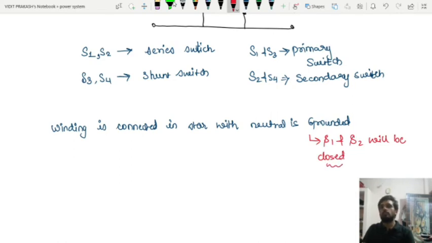Okay, it means which switch is operated here? Series switch.